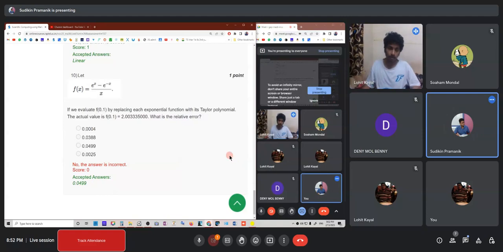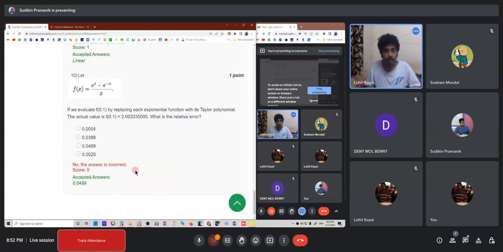Then it will be x square by x, equal to x, and the value of x is 0.1.